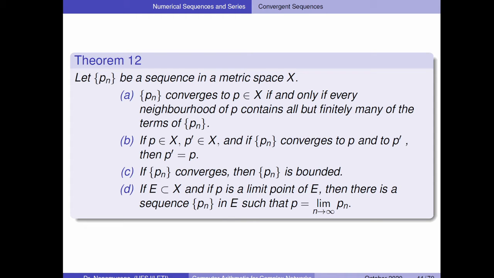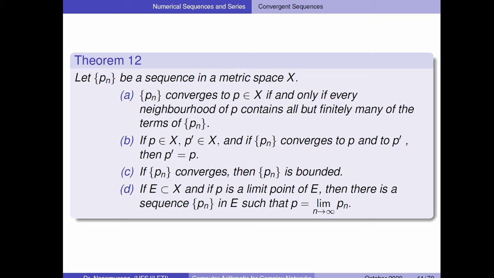Theorem 2 is going to mix some concepts, but it's not so difficult, I suppose. Pn converges to P that belongs to X if and only if every neighborhood of P contains all but finitely many of the terms of Pn.